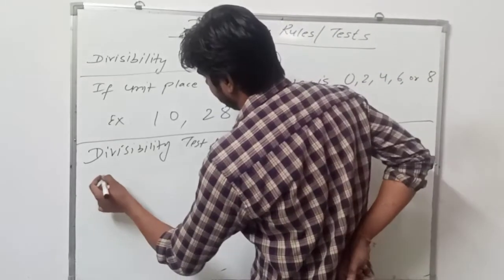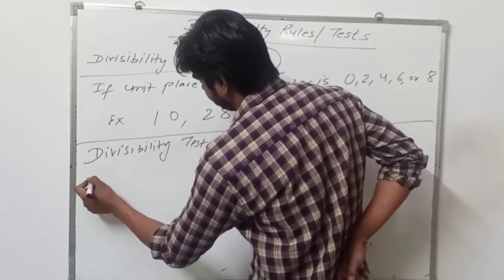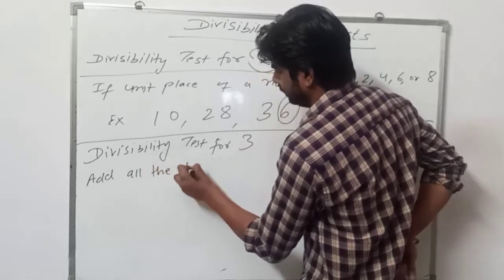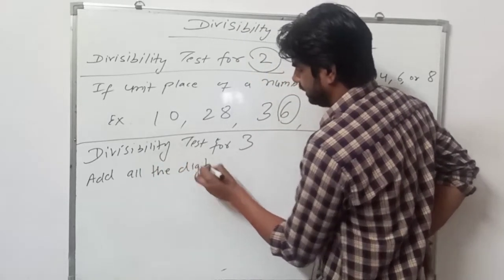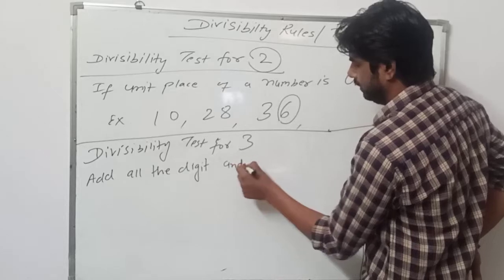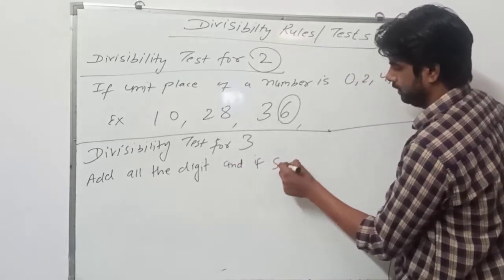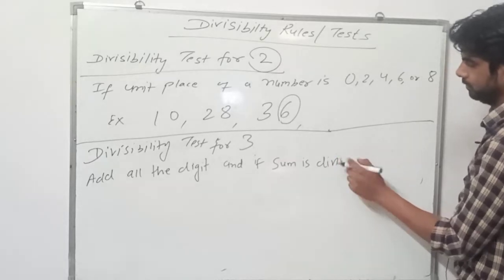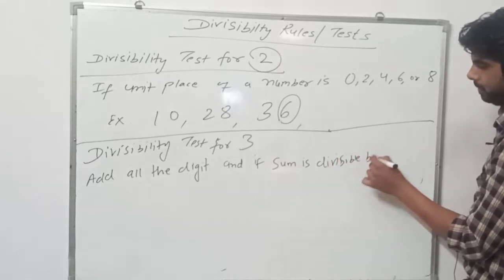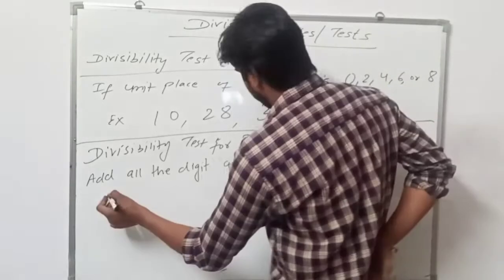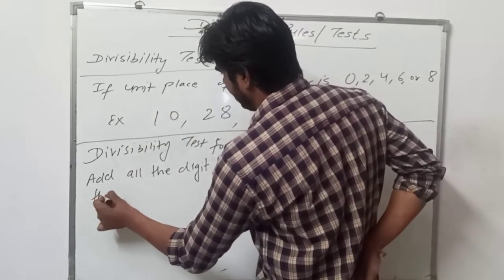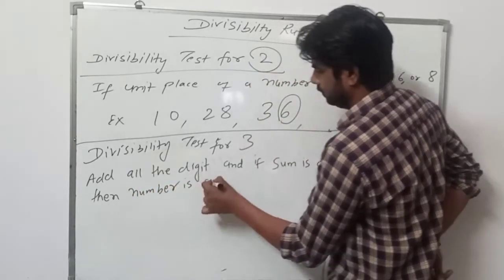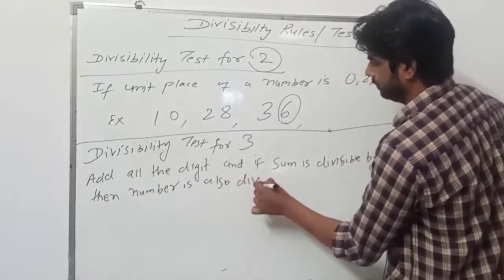We have to add all the digits, and if the sum is divisible by 3, then the number is also divisible by 3.